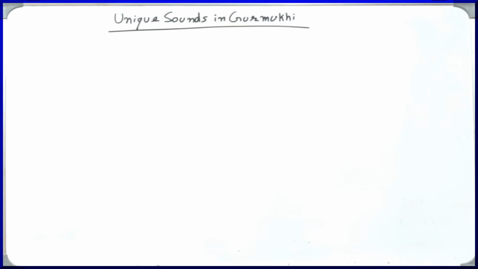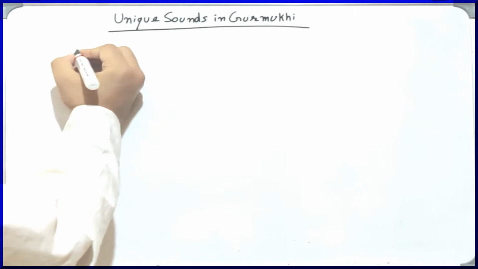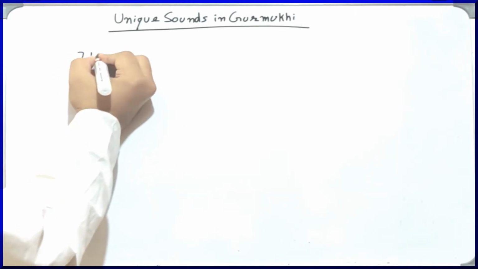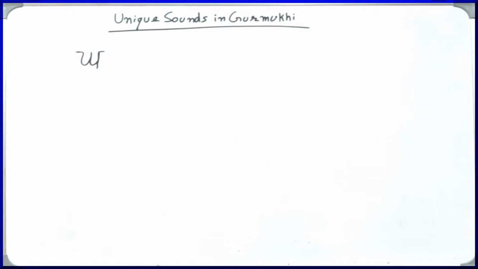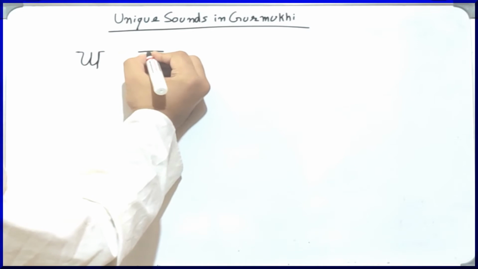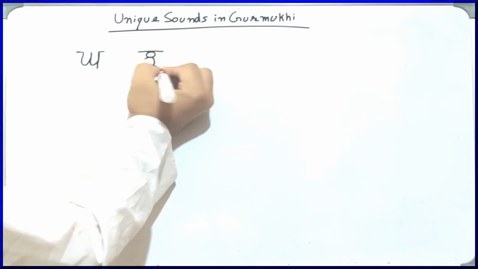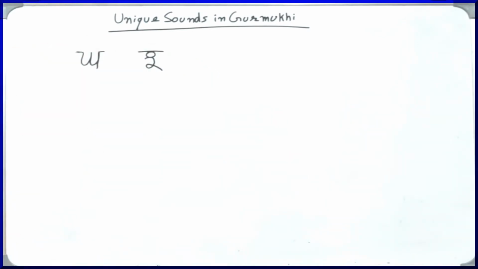The first one is Kagga. This is Kagga and it gives the sound of K. The second one is Chajja. It gives the sound of Ch. The third one is Tadda.